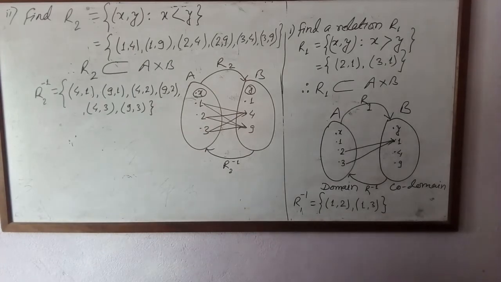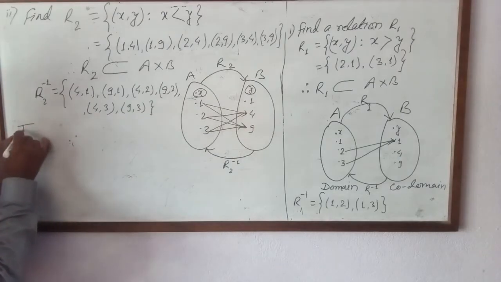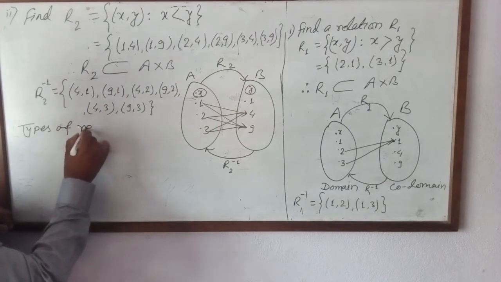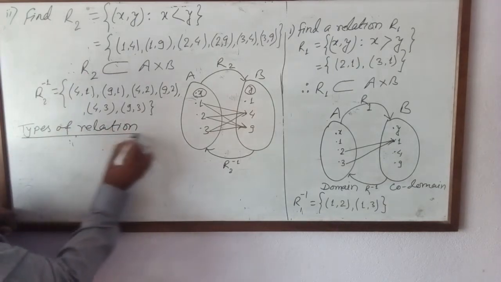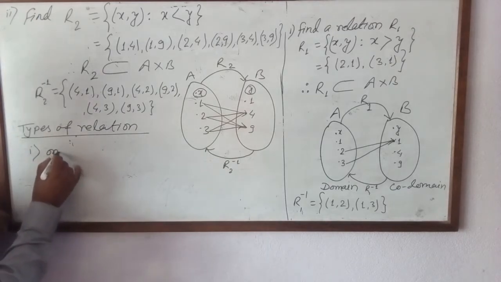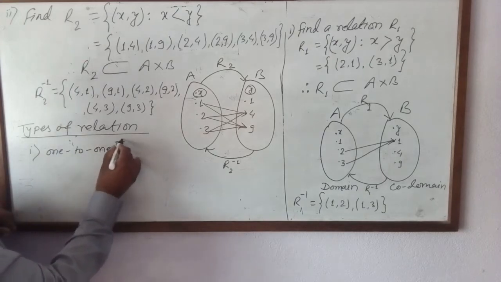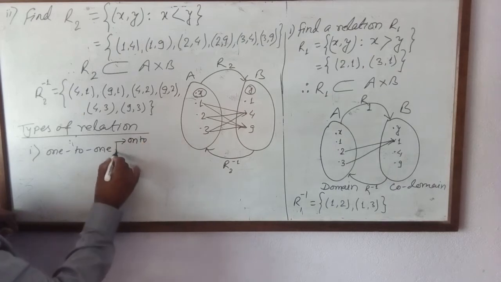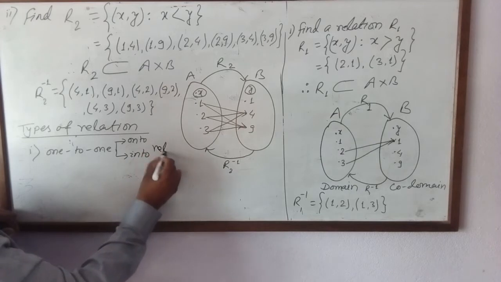Now next one is types of relation. There are three types of relation. One to one. It is also of two types, onto and into relation.